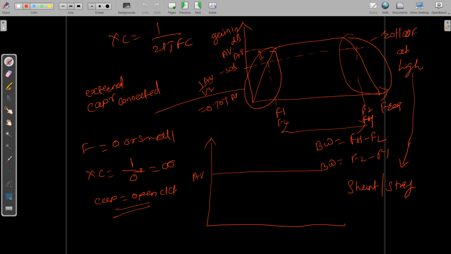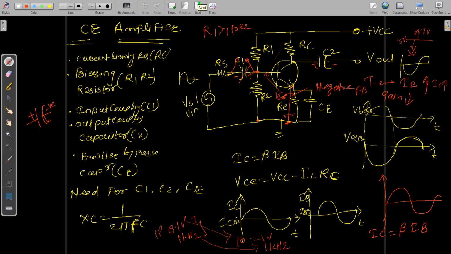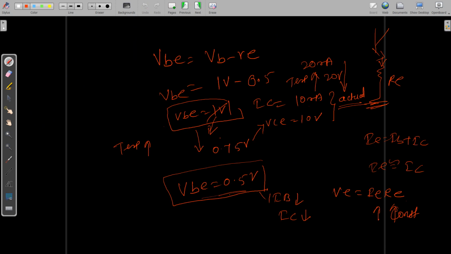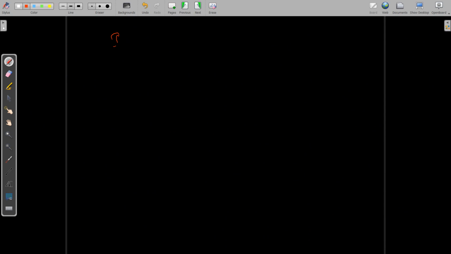So this is about the CE circuit almost in detail, and now you can see here I have drawn the waveforms. You can see IB and IC are of the same phase, the input current and output current are in phase, because we know that IC equals beta times IB. And the next one which I have drawn here is your input voltage and your output voltage, which are out of phase, and we know that the CE amplifier is nothing but an inverting amplifier.